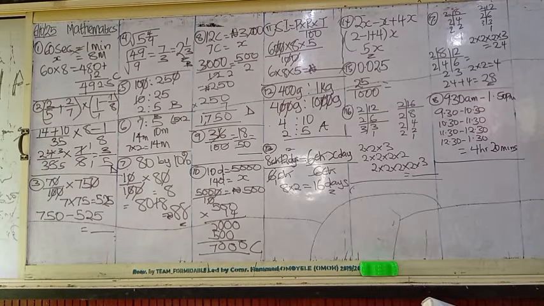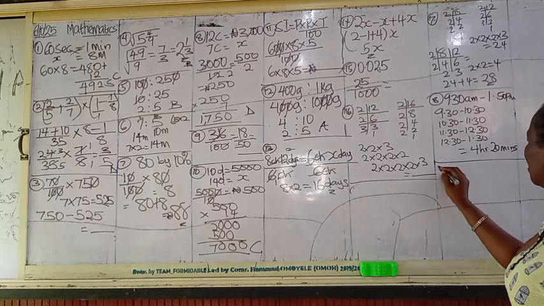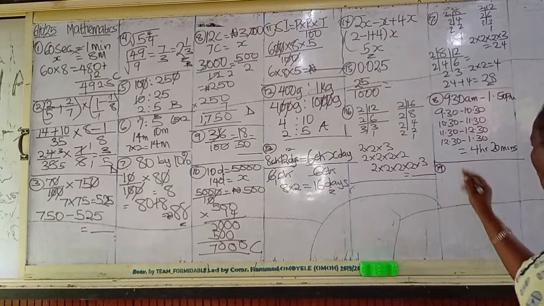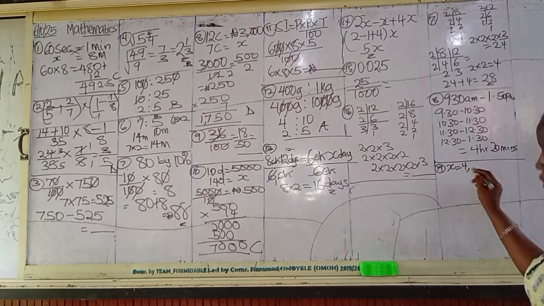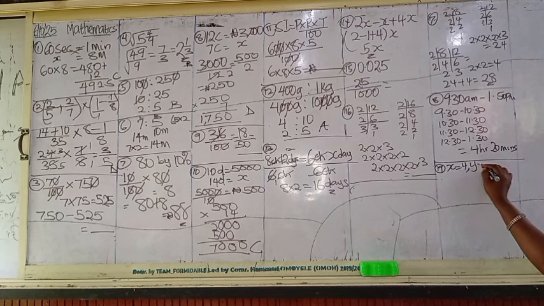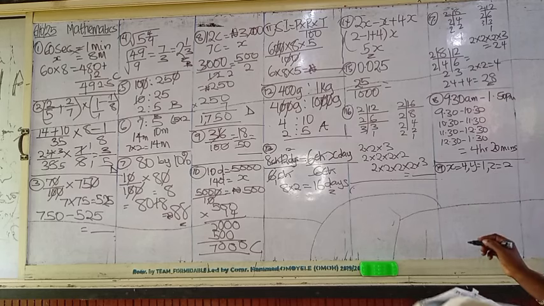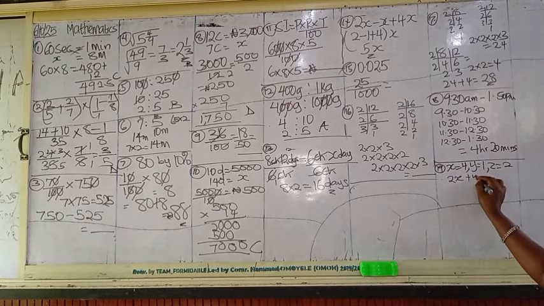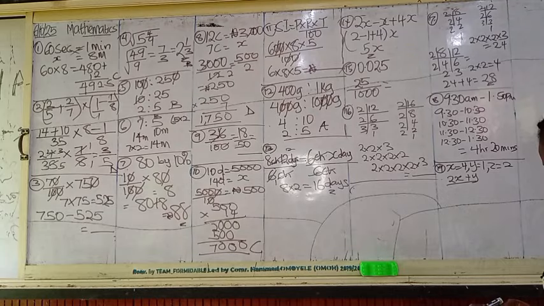Number 19 says, if x is equal to 4, y is equal to 1, and z is equal to 2, we have to simplify (2x plus y) over (y plus z).